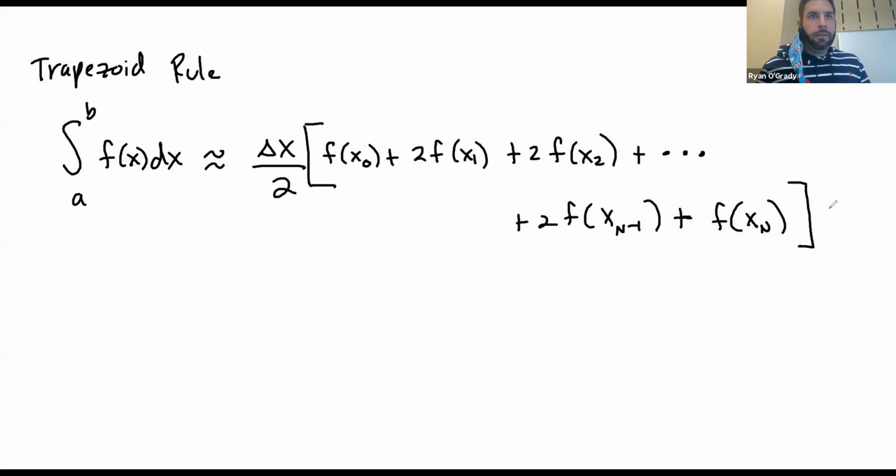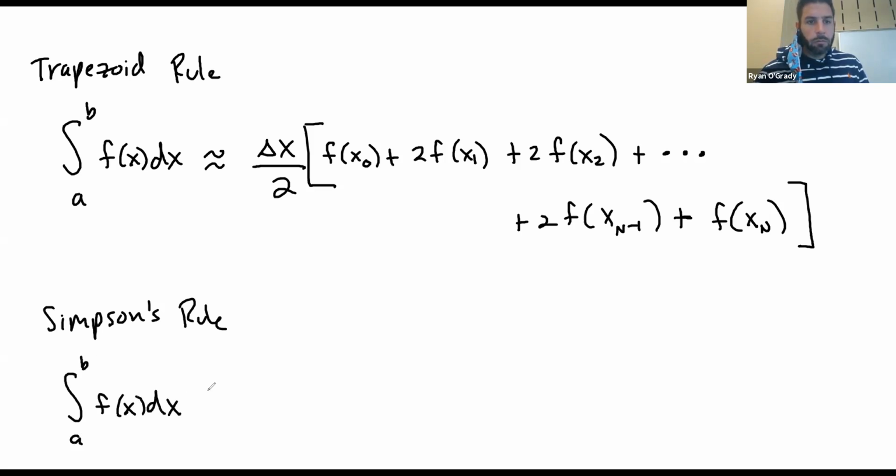And then a rule that's quite similar is Simpson's rule. And Simpson's rule has a pattern that is not the same, but somewhat similar. Instead of delta x over 2, it's delta x over 3.